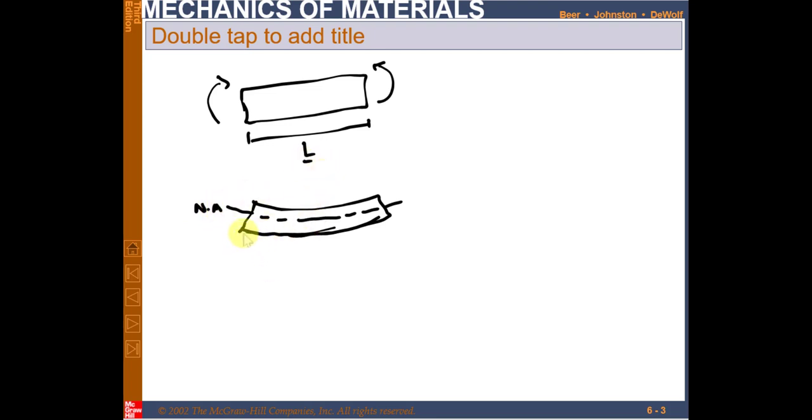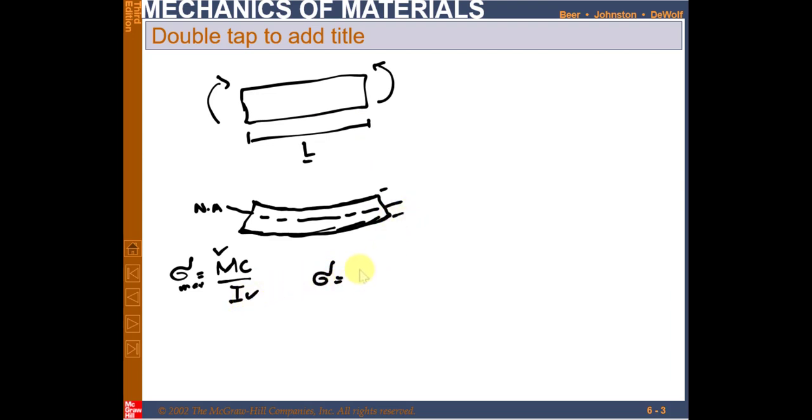Clear? So the length below the neutral axis increases, and the length of the surface above the neutral axis contracts. And we have also derived the equation that sigma max is equal to Mc over I, where M is the bending moment, c is the distance from neutral axis to the topmost or bottommost surface, I is the second moment of inertia.